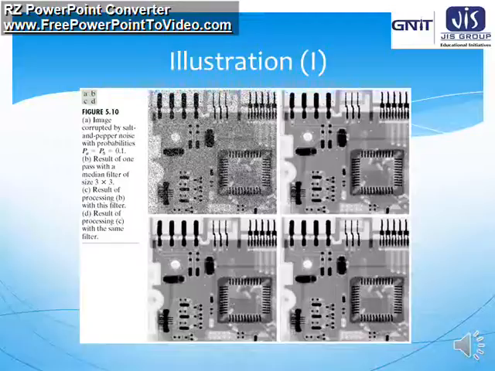That means whatever information was destroyed in image A is there in image B, image D.